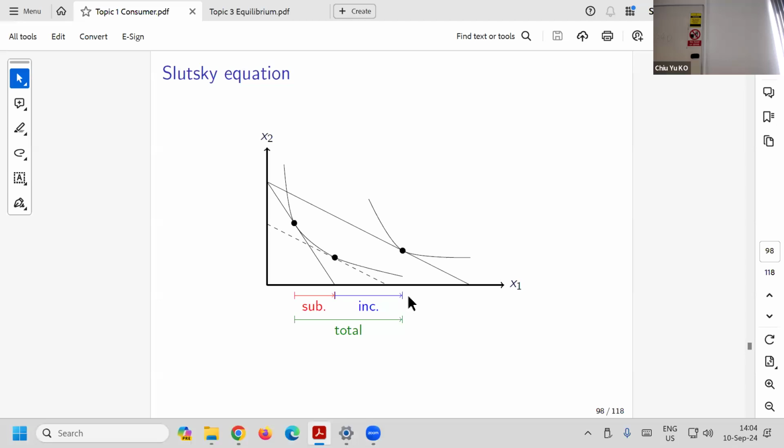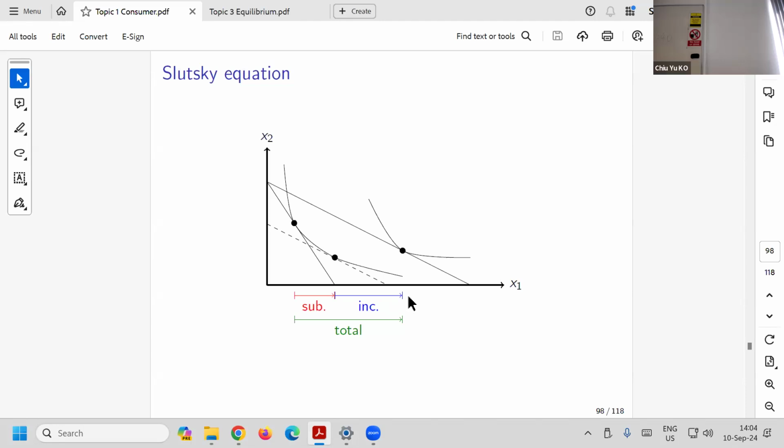Using some assumptions, you can back it out because, of course, you never observe this point. This is hypothetical. But when you make assumptions on utility, you're able to decompose it into two parts. Then you can estimate and tell people how people change their behavior. Suppose there's a war and oil price goes up, you can see how people change.